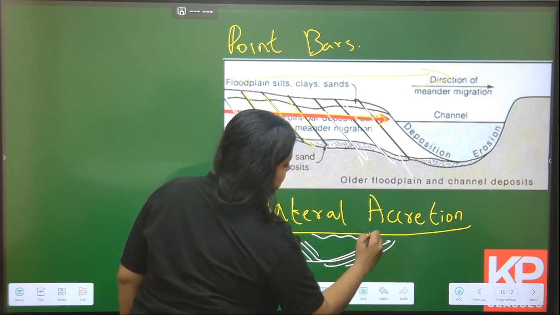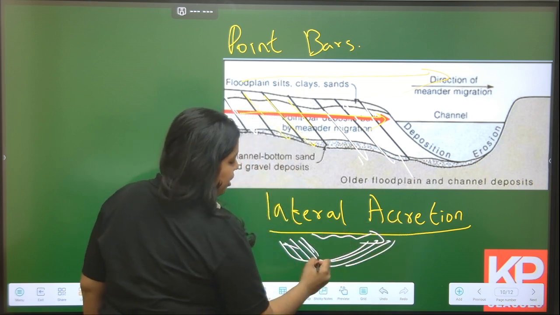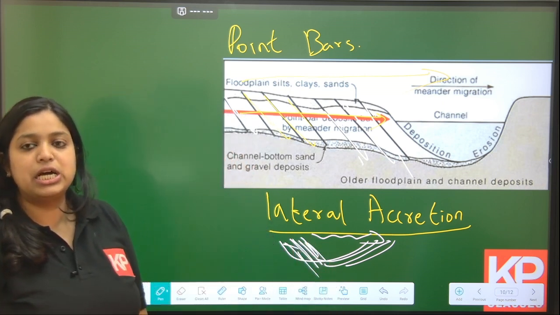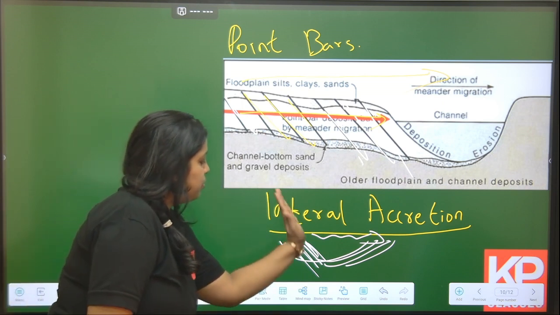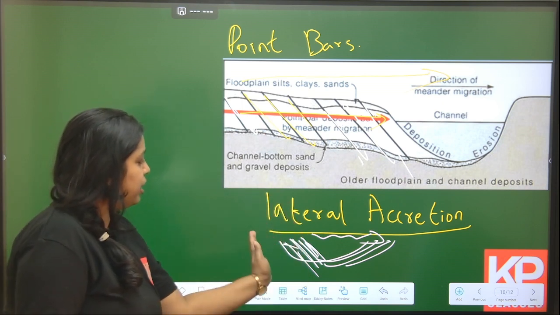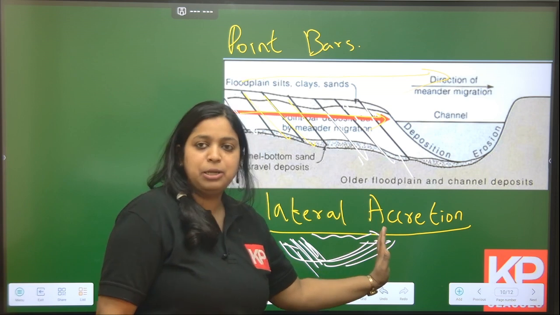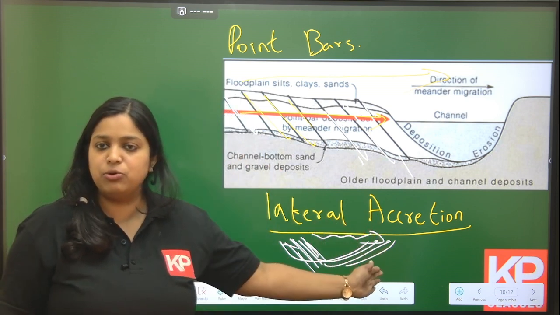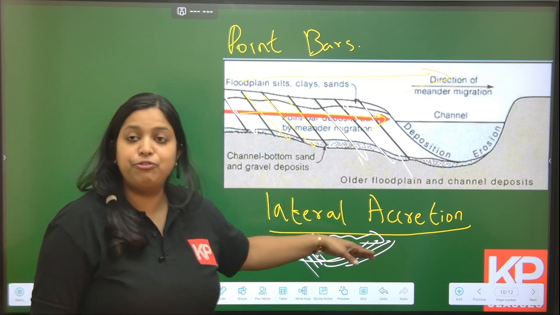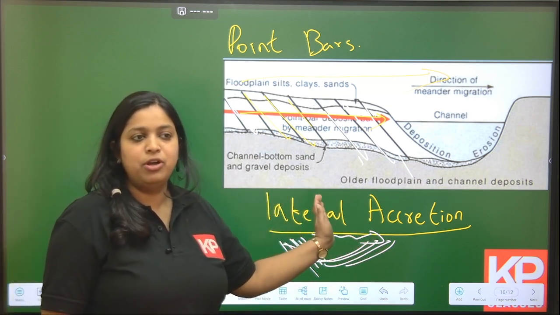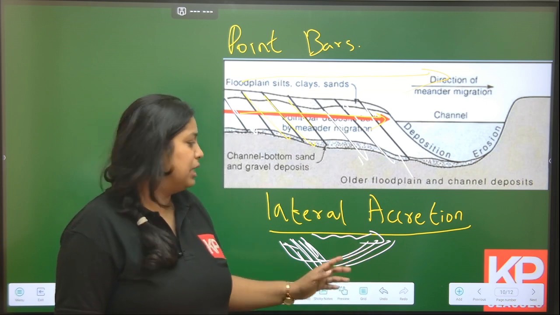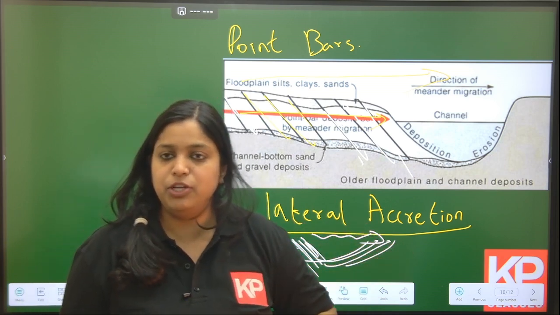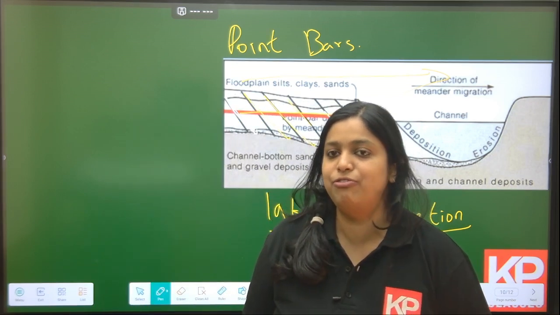Whichever direction the point bar is dipping, the channel will be migrating in that direction. So the deposition of point bars, one after the other, is lateral growth, and this lateral type of deposition of sediment is called lateral accretion. Lateral accretion is the terminology we use to define the growth of point bars.